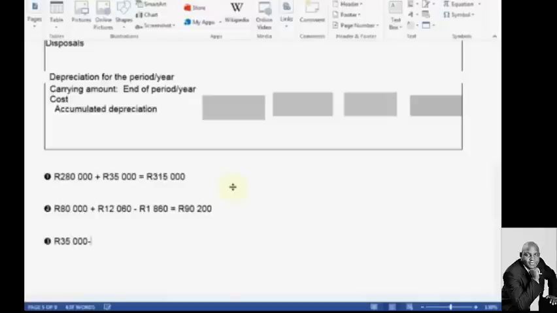So we said the equipment was 35,000 minus the depreciation, which was 12,060, and then that gives us the book value of the equipment. Let me calculate that. It's 35,000 minus 12,060. It's giving me 22,940. That's the book value of our equipment.